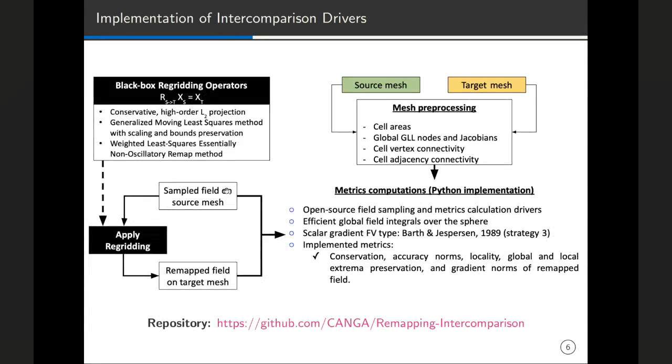We did thousands of remap iterations, and then we passed it to the metric computation, which is based on a Python implementation that is open source, available here. We implemented several metrics in this particular implementation, which look at conservation, different accuracies, the locality metrics, and the global and local bounds as well.